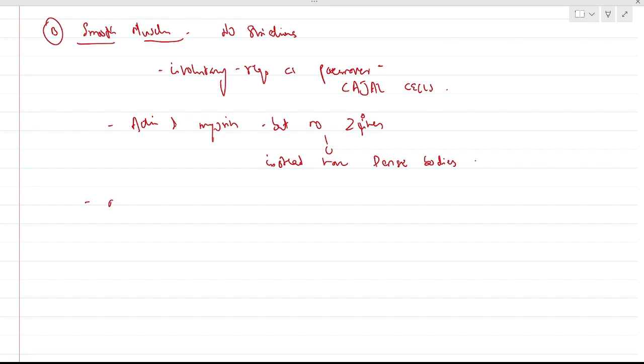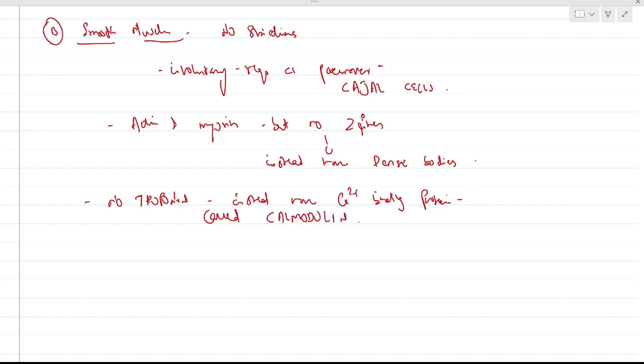There is no troponin. Instead we have a calcium binding protein called calmodulin. It's a calcium binding protein instead of troponin. No troponin and no titin.